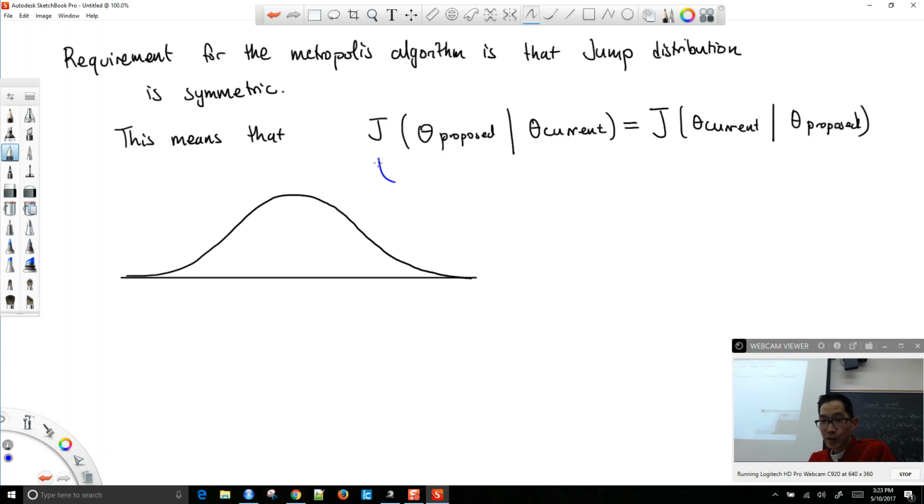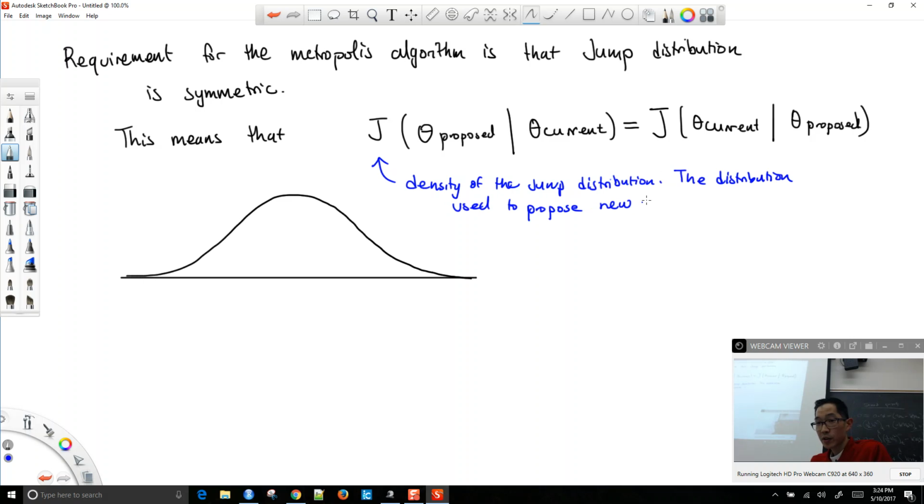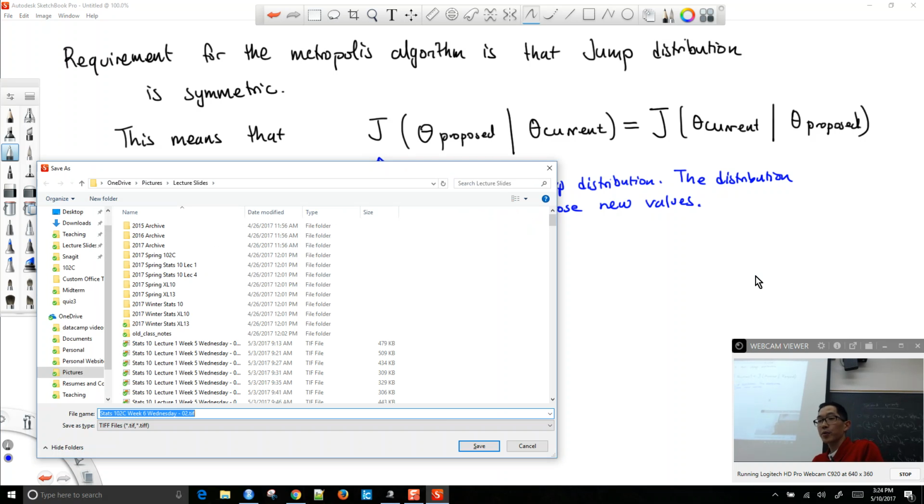J is the density of the jump distribution, the distribution that we use to propose new values.